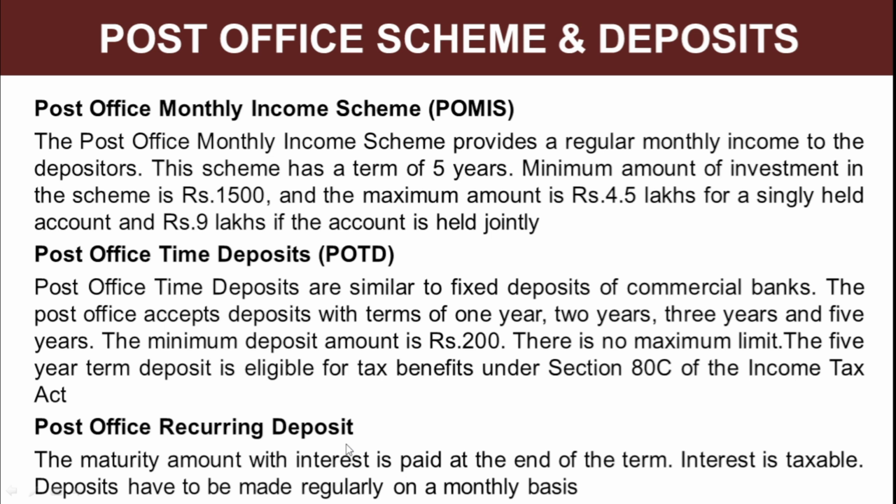Recurring means repetitive or continuous, consistently that you are making your deposits on a monthly basis. The current interest rate offered under this post office recurring deposit is 5.8%. For POMS it was 6.6%, for POTD it is 5.5% and for PORD it is 5.8%.